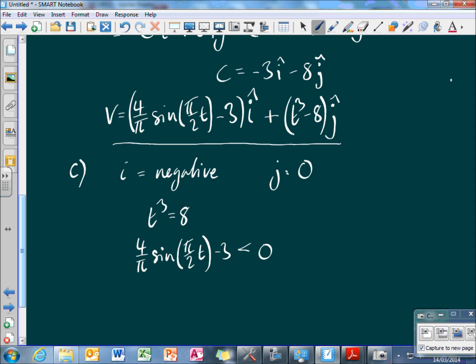So from here I've got t equals 2, and if I put 2 in here I get 4 over pi sine(pi), sorry, just pi, isn't it?